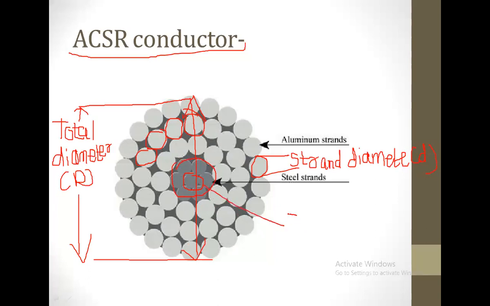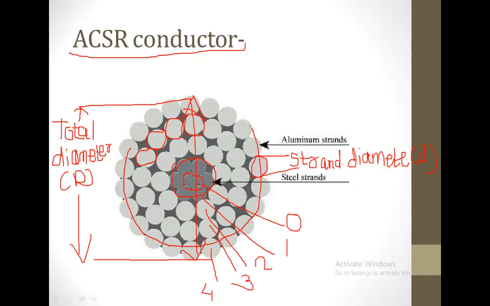That means this central one is called the zero layer, then first layer, then second layer, third layer, and fourth layer likewise. These are the layers of the conductor. You have seen this in your past education, in power system or any other books also. So this is one layer, this is another layer. These are the layers, and the circular parts are called the strands of the conductor.